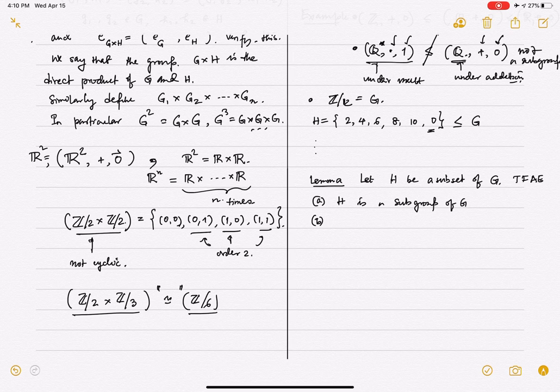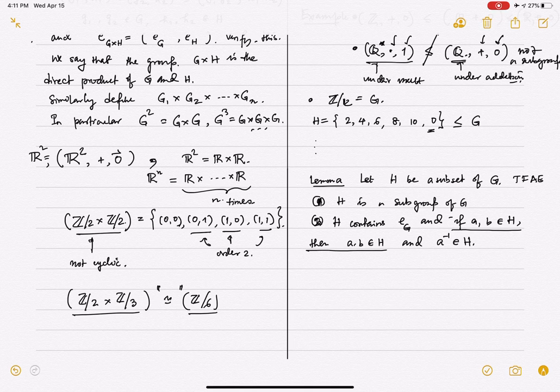Two: H contains the identity of G, and if you take two things in H, then their product is in H and the inverses are in H. So whenever A and B are in H, then A times B is in H. And by this times, I mean the group operation of G again, just for emphasis.